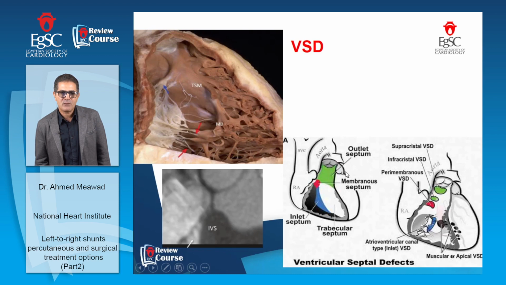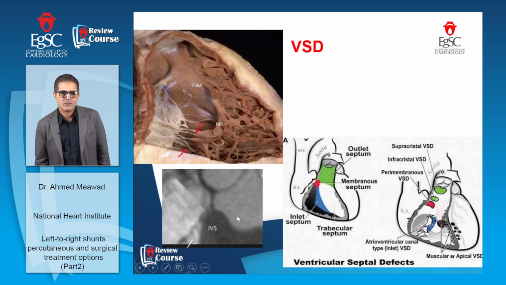The VSD at the membranous septum may extend inferiorly to the inlet septum, which is called perimembranous inlet, or may extend anteriorly to the trabecular septum, which is called perimembranous muscular, or may extend upward to the outlet septum, which is called perimembranous outlet septum VSD.